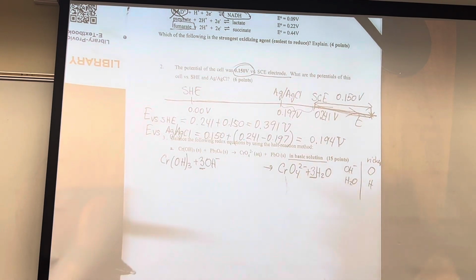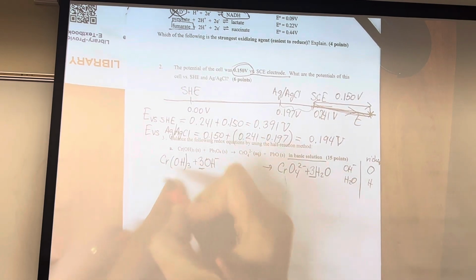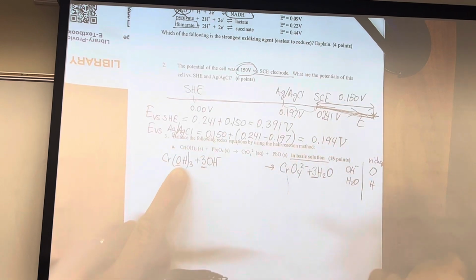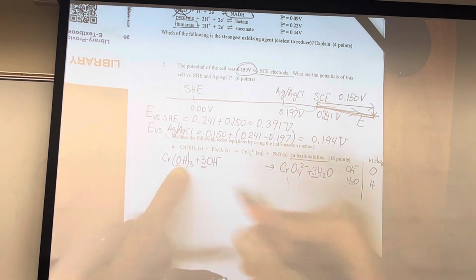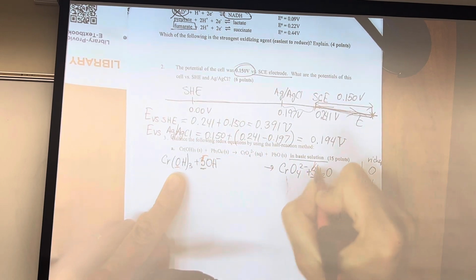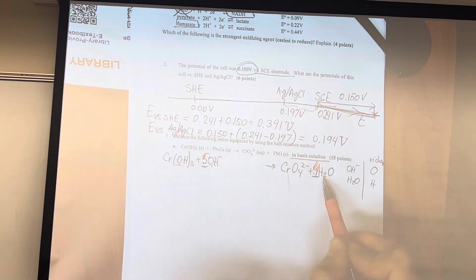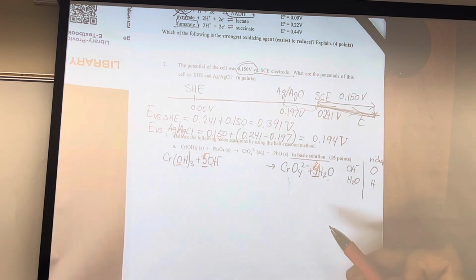Let's maybe start with oxygen. That probably would be better. So 3 here. You found 4. Okay, let's do 5 and let's do 4. So 5 and 3 is 8, and here we have 8. We are good.